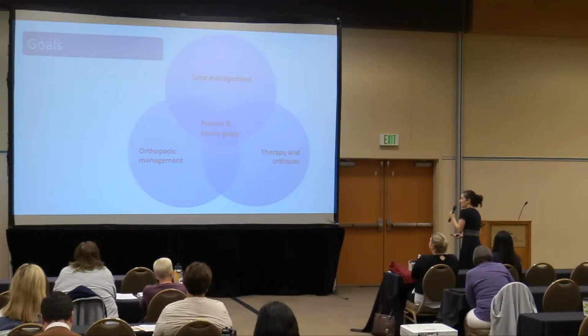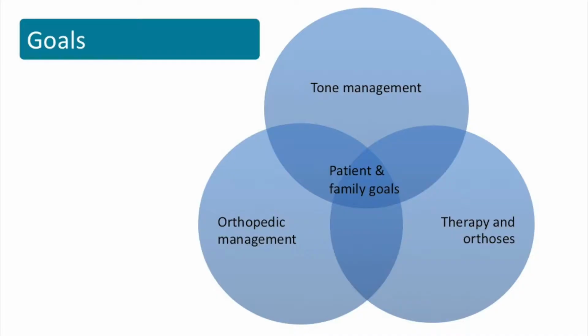And when you think about intervention, I always remind myself that you need to think about goals. What are the patient's goals? What are the family's goals? The reason that's important is because that can guide you in what you're recommending. It can also guide you in what sort of education you need to give.